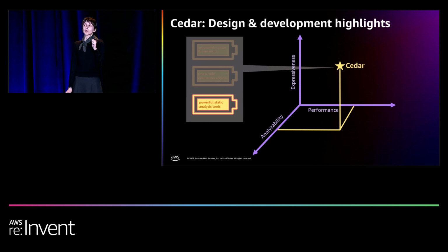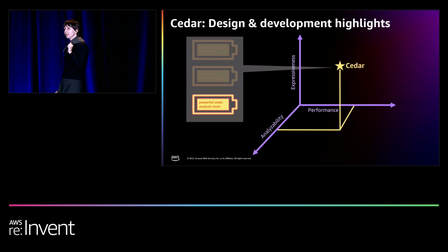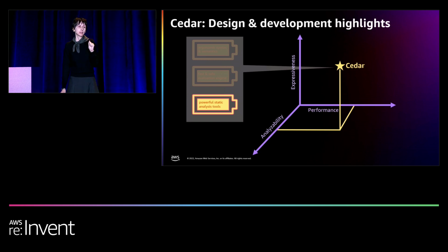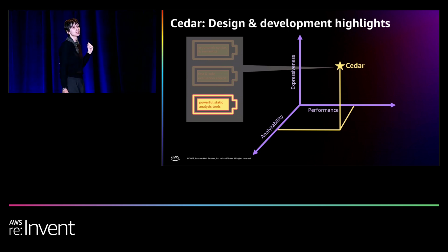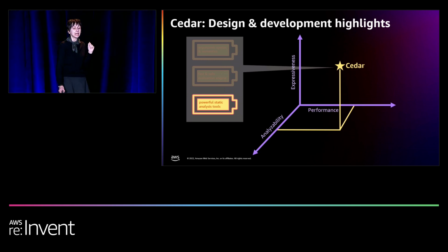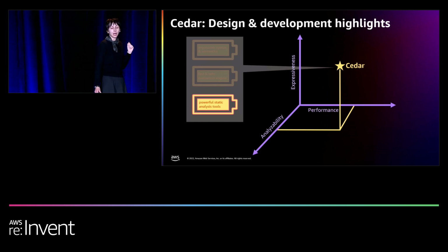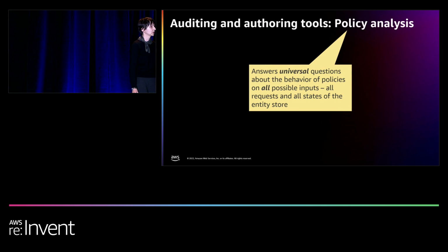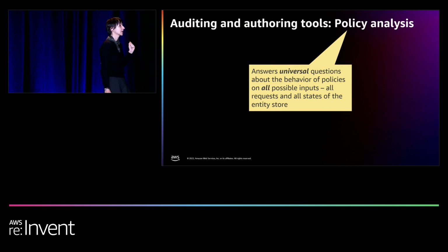What we're working on right now, so this is a sneak preview, is an even more powerful kind of analysis, which is based on satisfiability modulo theories or SMT solving. These kinds of analyses allow us to answer universal questions about policy behavior, and to do so quickly and precisely.